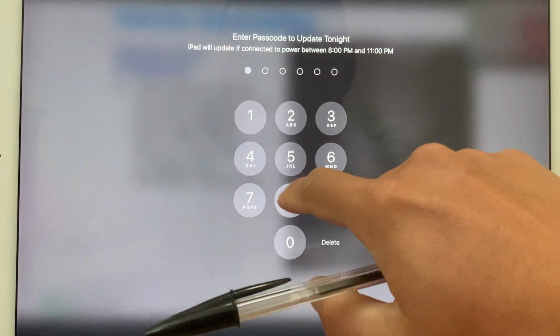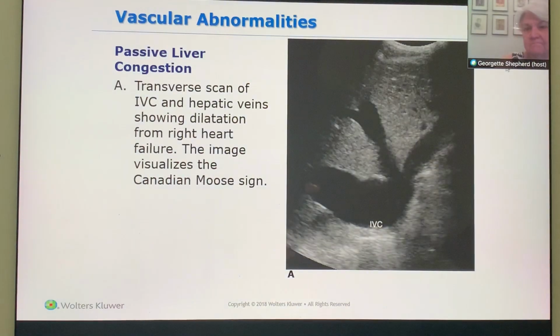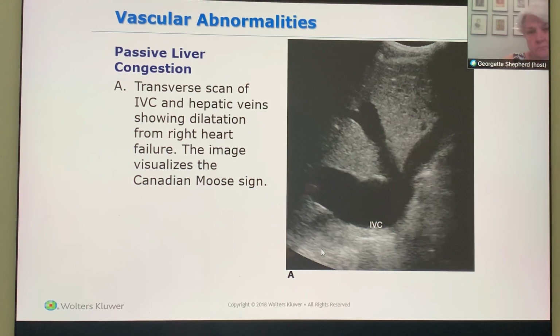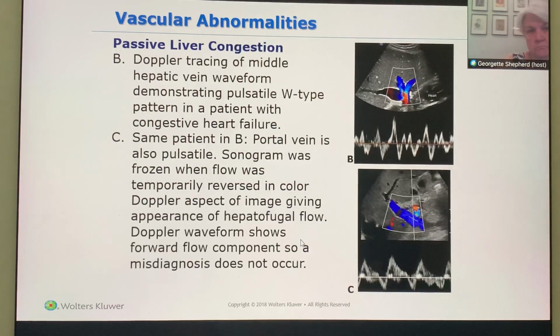Here is the Canadian moose sign. Here is your IVC, your right hepatic vein, your middle hepatic vein, and your left hepatic vein. And you can see that the IVC has a W waveform.